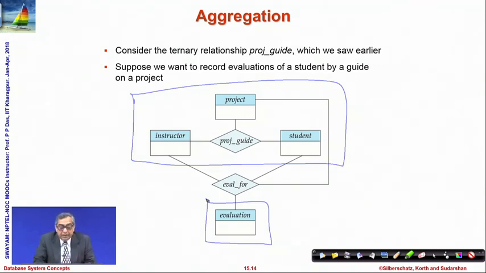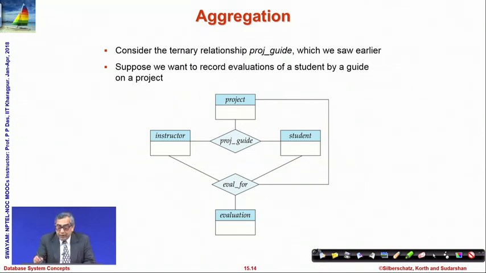So, naturally the evaluation of a student will be dependent on the project, the student and the supervisor, and that will relate to the evaluation. So, the relationship eval for is necessarily a relationship between 4 entity sets, so to say.